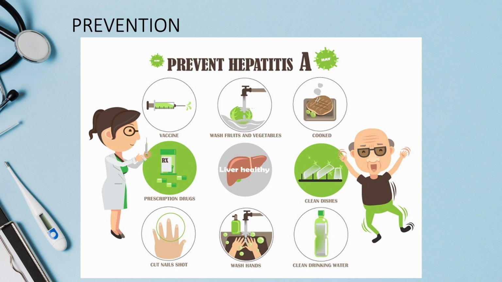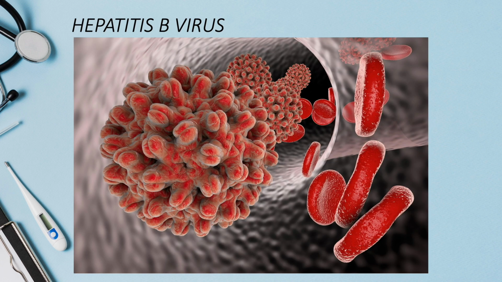Somehow foods or drinks, water, and so on can be contaminated with feces of the infected person, and after that are consumed by a healthy receptive person. What does it mean? A person who is not vaccinated.